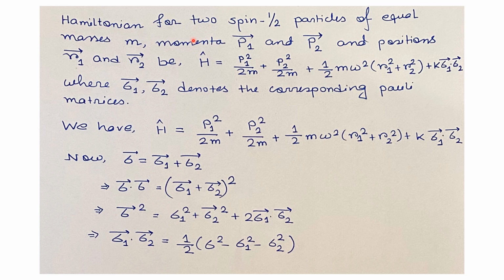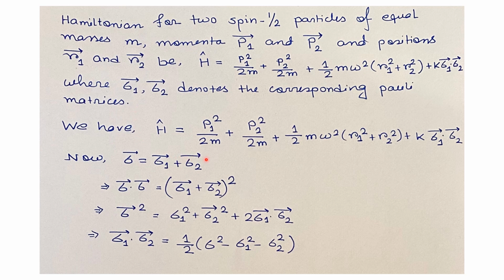So, according to the question, the given Hamiltonian for the two spin-half particle system is p1 square by 2m plus p2 square by 2m plus half m omega square times r1 square plus r2 square plus k sigma 1 vector dot sigma 2 vector. Here sigma 1 vector and sigma 2 vector denote the corresponding Pauli matrices.